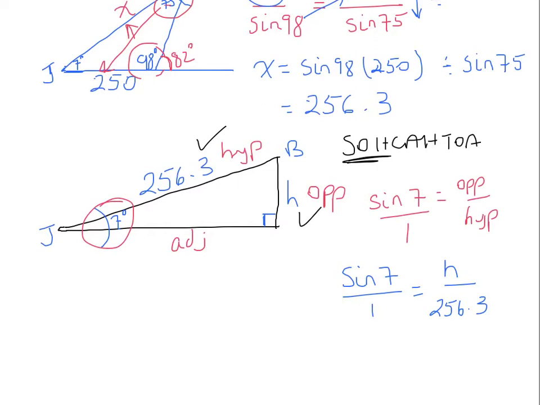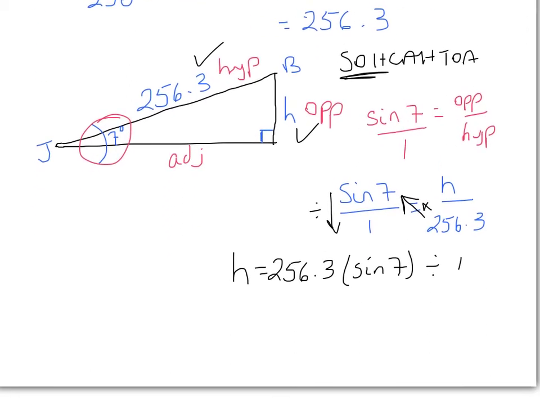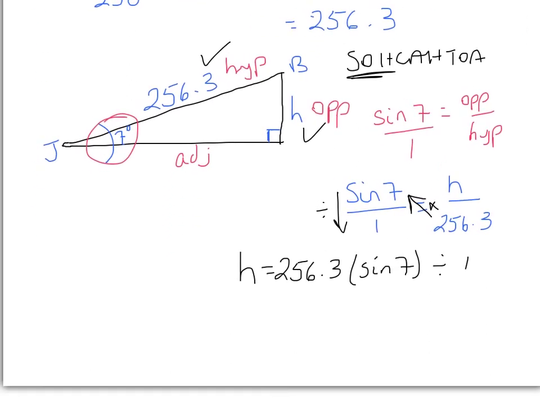And now we're just going to cross multiply. So multiply there and divide. And we get that h is equal to 256.3 times sine 7 divided by 1, which gives us that h is equal to 31.2 meters.